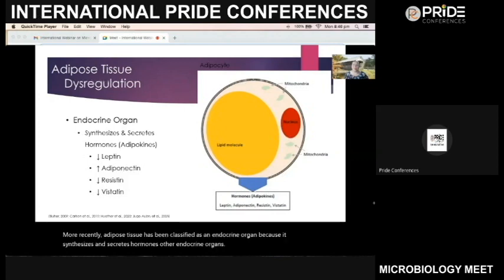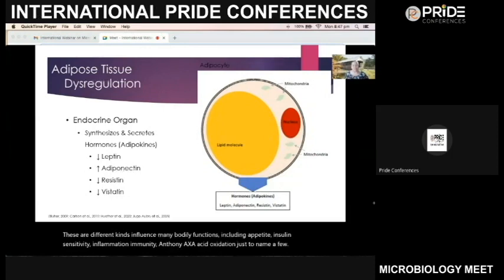The hormones released from adipose tissue are referred to as adipokines and include leptin, adiponectin, resistin, and cystatin. Today, I will focus on leptin and adiponectin specifically. These adipokines influence many bodily functions, including appetite, insulin sensitivity, inflammation, immunity, and fatty acid oxidation, just to name a few.